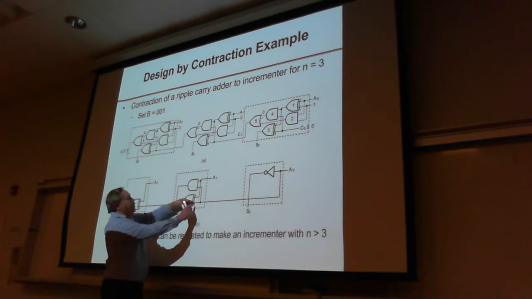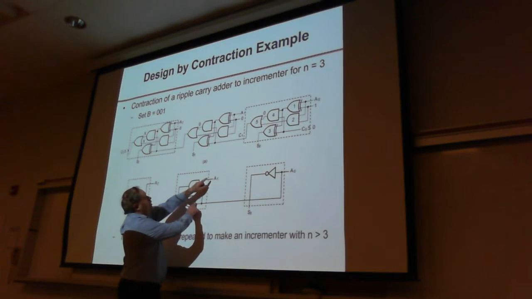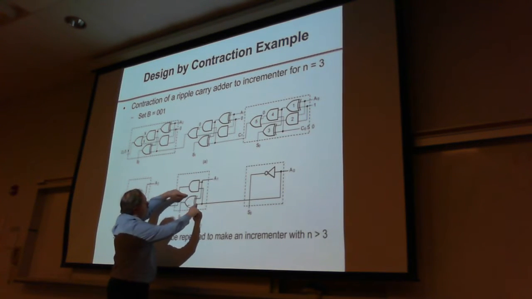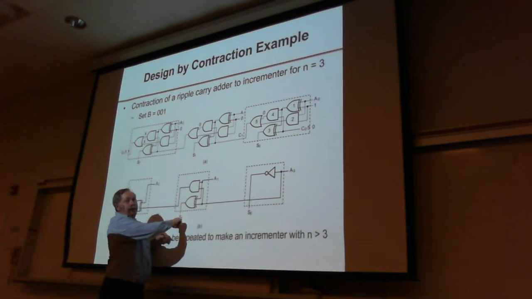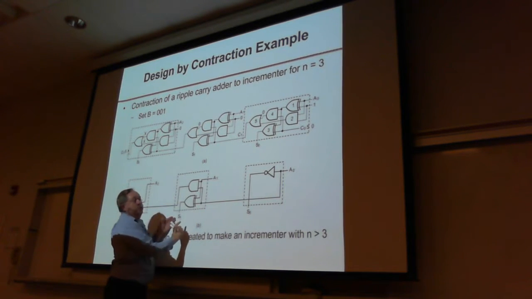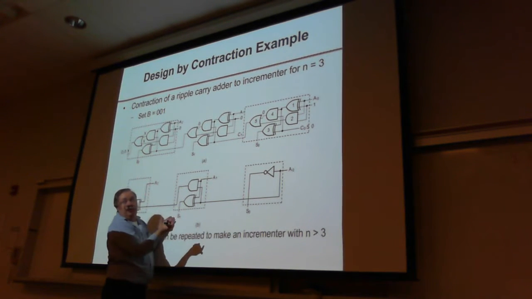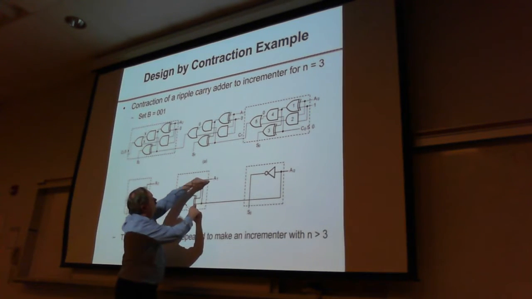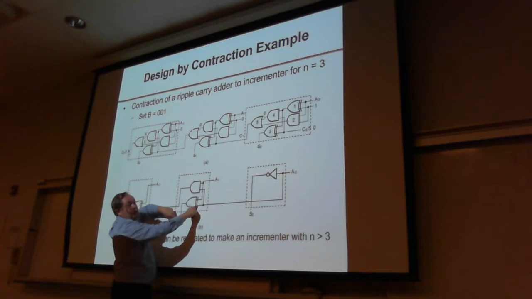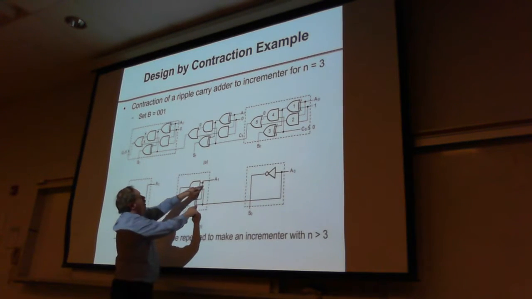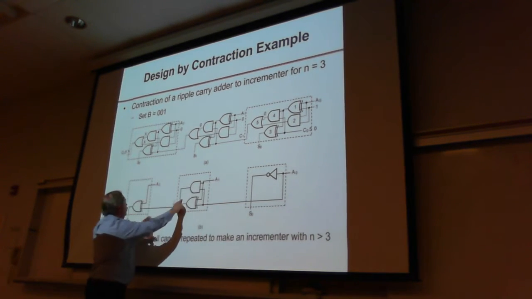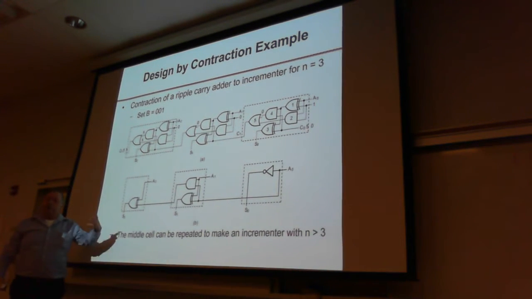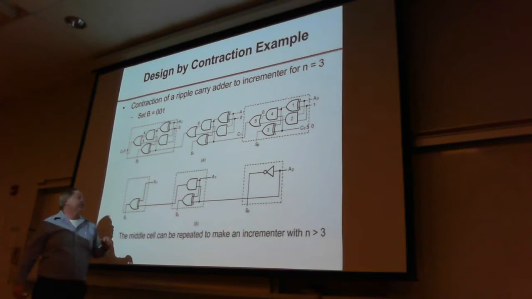If A1 rather was a 0 still, then I would generate a 1 here. My carry in bit would come in, added with the 0 would just generate a 1, which would be the correct answer, 1 plus 0 is 1. If I had a 1 here and I had a 1 here, then my result would be 0. 1 and 1 here would also generate a carry bit, just like we would expect. So those 3 conditions work just fine.